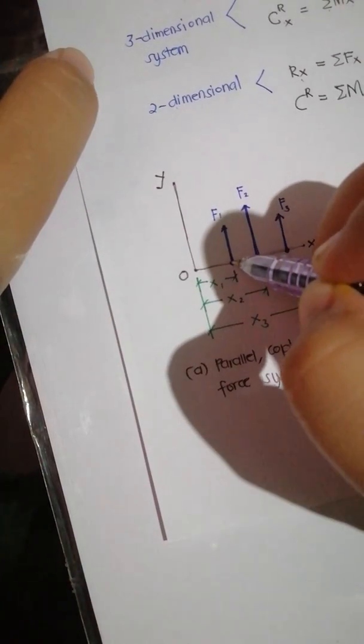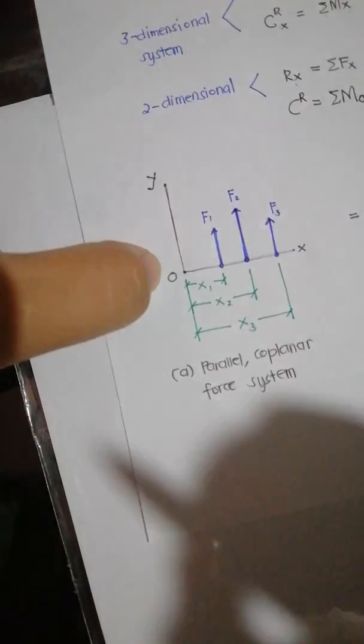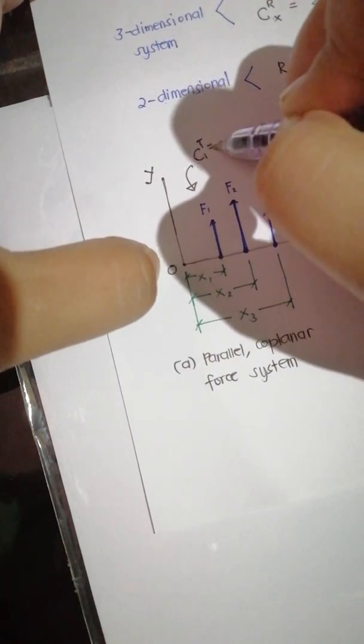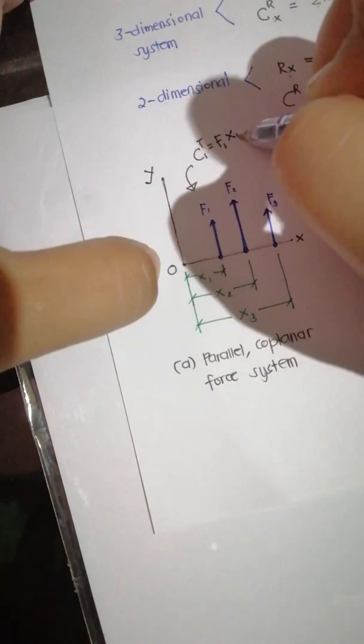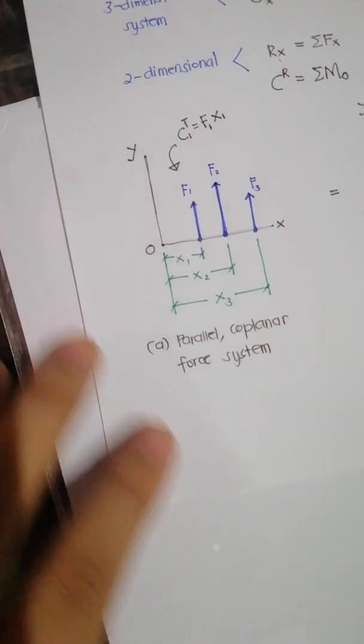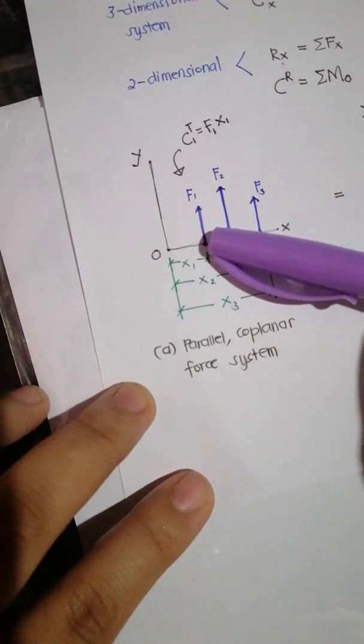So if we transfer F1 to the origin, the couple of transfer formed would be F1 times x1, since x1 is the perpendicular distance from the transfer point to F1.